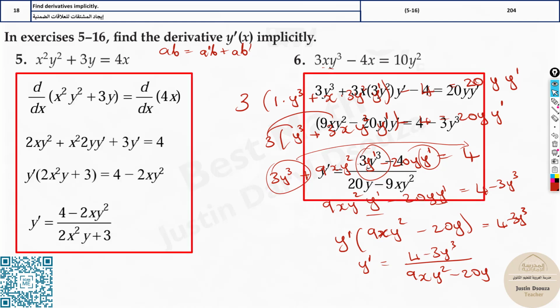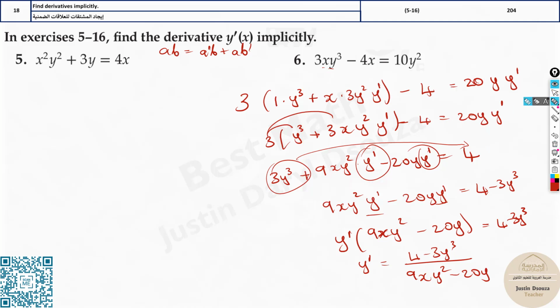Over here you can see there is one difference. I'll tell you why it is written as positive 3y cubed minus 4 and positive 20y and minus 9xy squared. It's up to you guys. I would personally leave it like this and you should get full marks, no problem. But imagine you take a minus sign outside from here. If you remove the minus, the signs are going to flip.